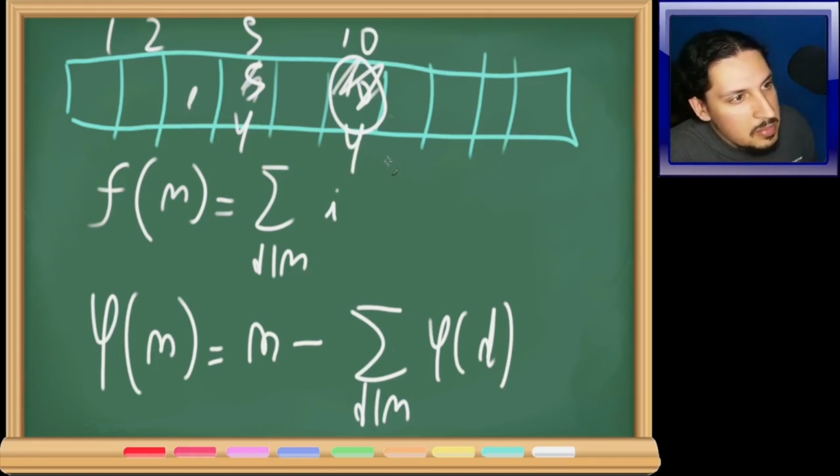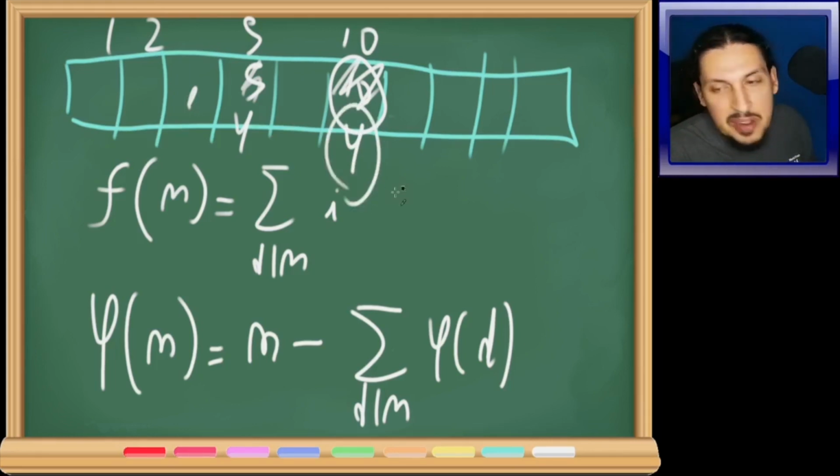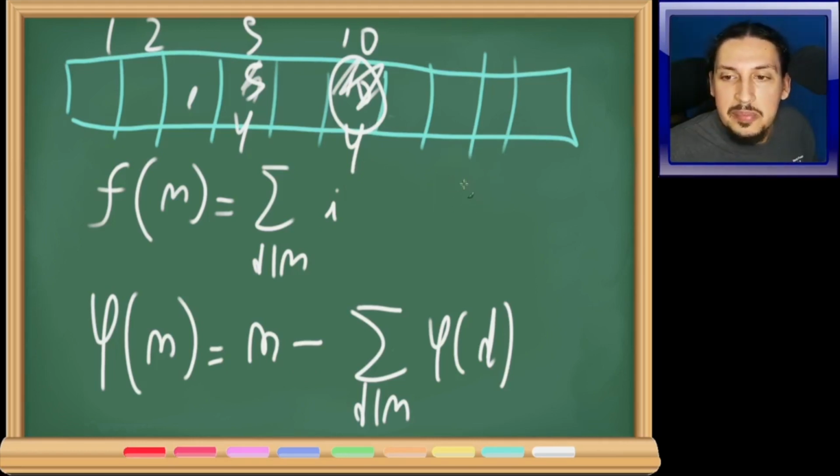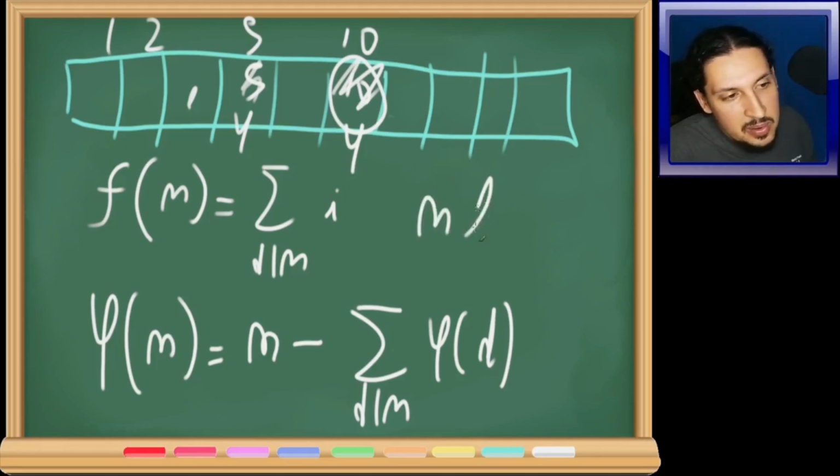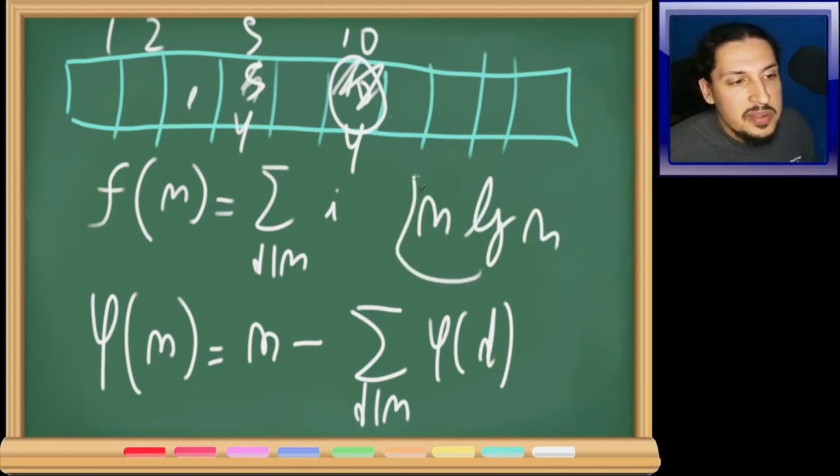And I have no idea, maybe that's correct. Yeah, I think phi of 10 should be 4. So yeah, I have the correct value, and I can push it to the multiples of 10, and so on. And this will be n log n time, very efficient. If you had to factor, it would be much harder.